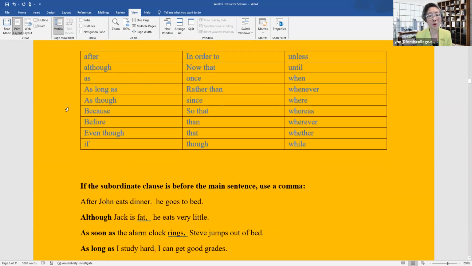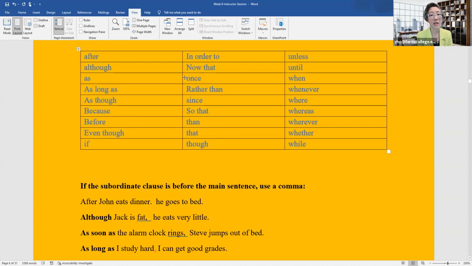These are known as subordinating conjunctions: after, although, as long as, though, because, before, even though, if, in order to, now that, once, rather than, since, so that, then, that, though, unless, until, where, whereas, wherever, whether, while.